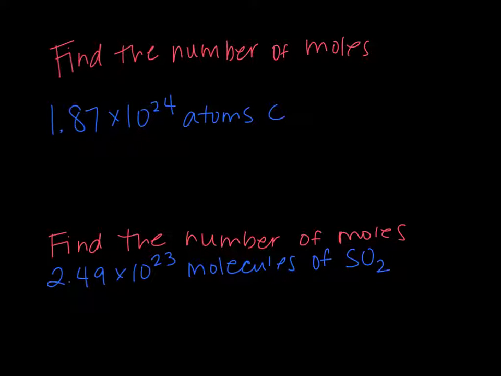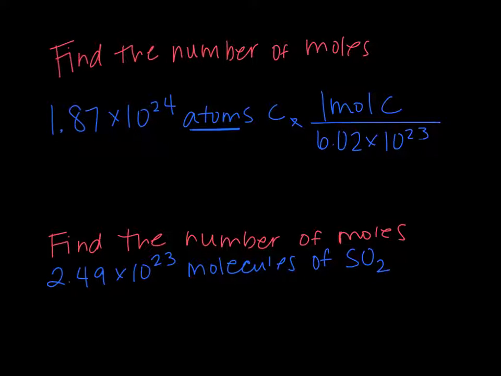In this one, we want to find the number of moles, and we have 1.87 times 10 to the 24 atoms of carbon. So I'm going to put, this time, this is the number of particles here. Atoms is the number of particles. And we want moles, so I know moles has to go in the top. So 1 mole of carbon is 6.02 times 10 to the 23rd atoms.